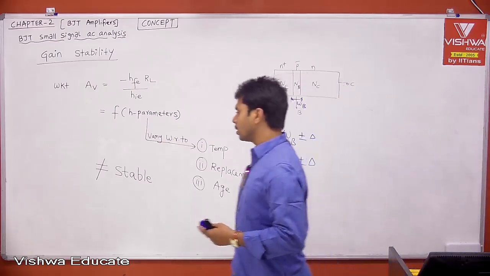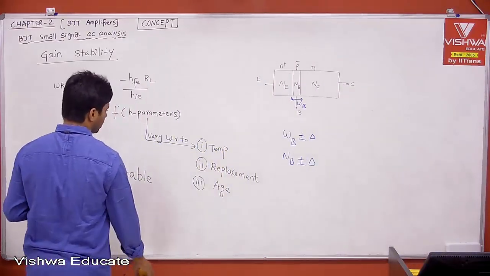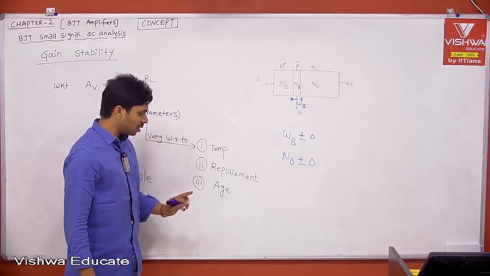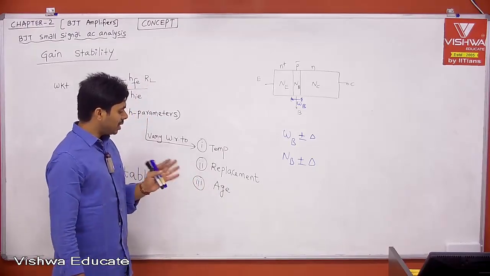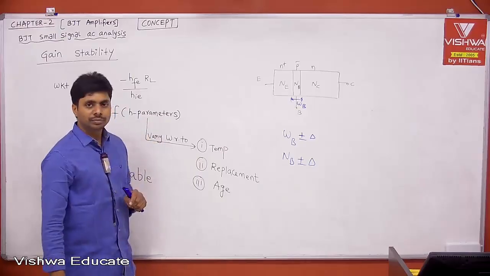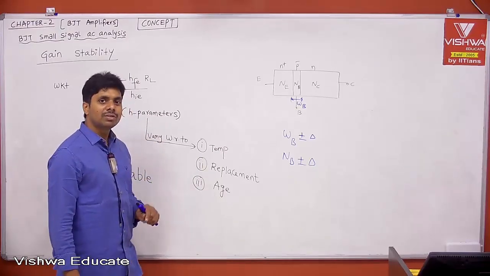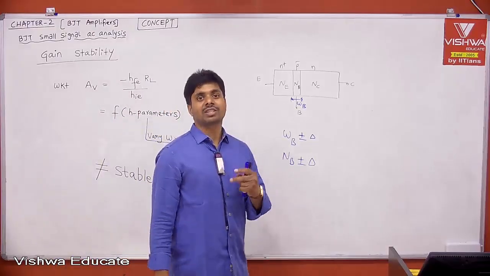Maybe you know this, but let me correlate with respect to system analysis. When I say with respect to age, it means time. If time changes, the H parameters value changes, right? This is what we call a time variant system.